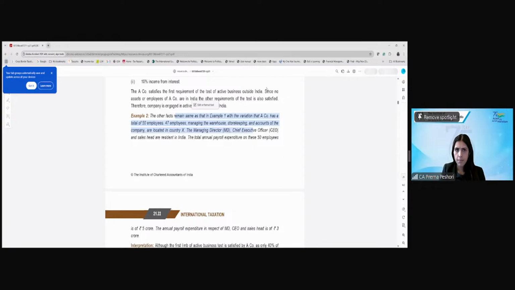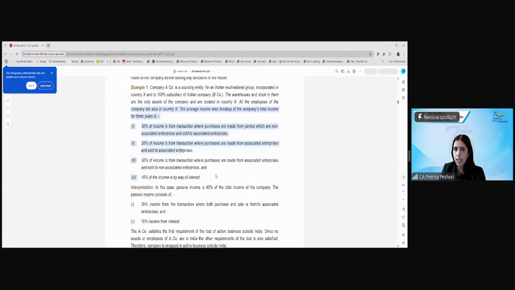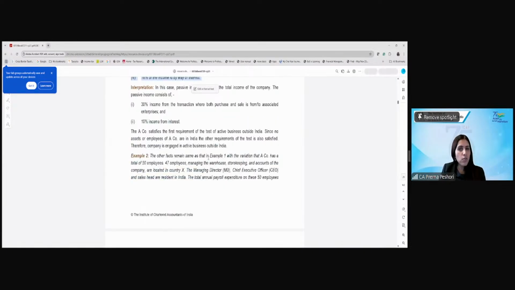So, I want more clarity on this. Correct. Sure. See, here what we are saying is, number 1, we are satisfying the test of passive income less than 50% of my total income, right? We are having the assets also outside India, all the assets. So less than 50% of assets are in India.